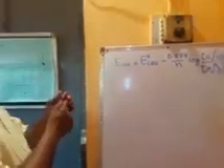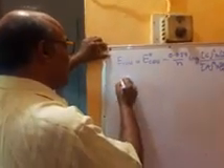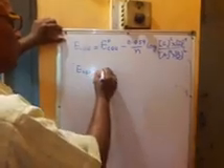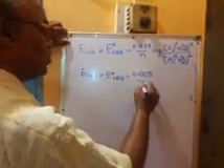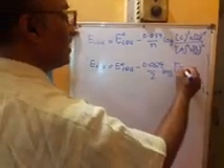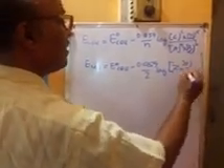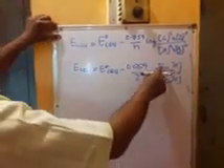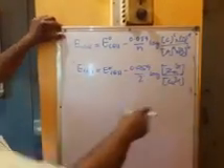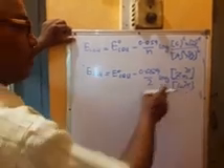In the galvanic cell, the Daniell cell, the equation was E cell is equal to E naught cell minus 0.059 by 2 log Zn2+ by Cu2+. This is the oxidized form of anode, and this is the oxidized form of cathode.